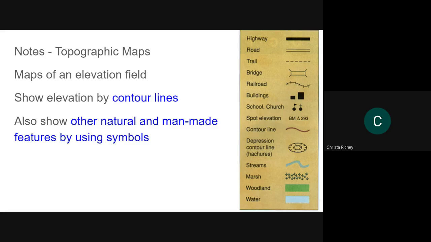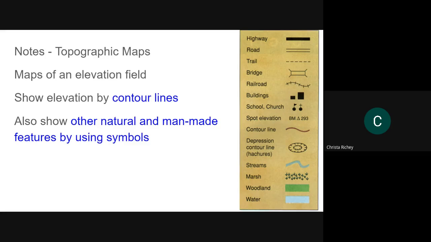Now, a map is going to be a much smaller section than the entire planet. And the way that they show elevation is they connect equal elevations, whatever it is, 50 feet above sea level, 260 feet above sea level, with what are called contour lines. When we did air pressure, they were called isobars. It connected equal areas of whatever the barometric pressure was.